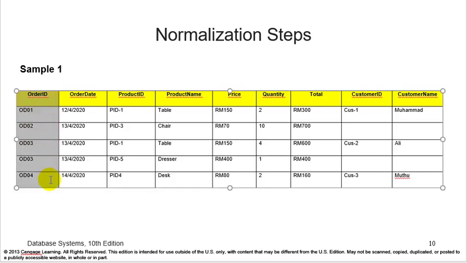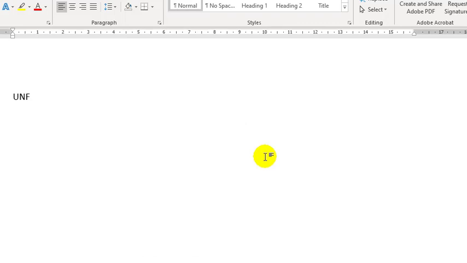The first column is order ID, and this order ID actually refers to the order information. So the relation scheme should be order, and this is the key attribute, which is a primary key, followed by the non-key attributes.